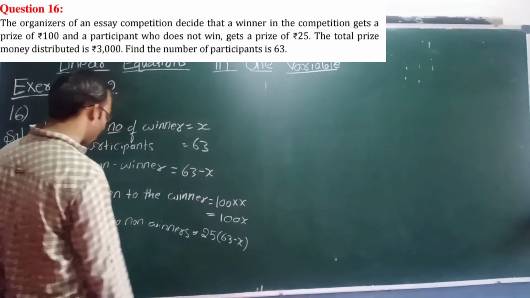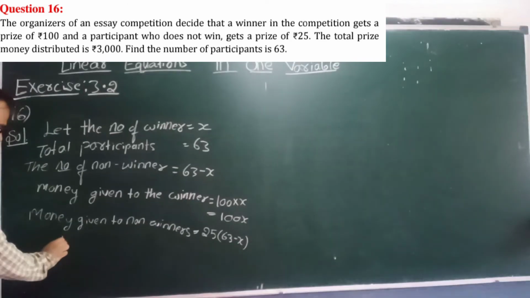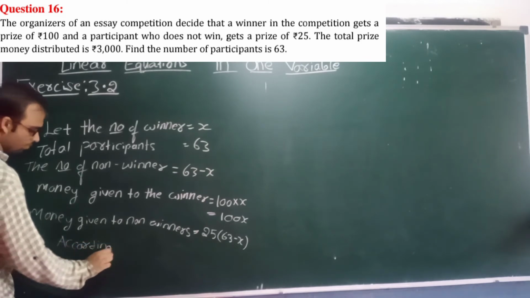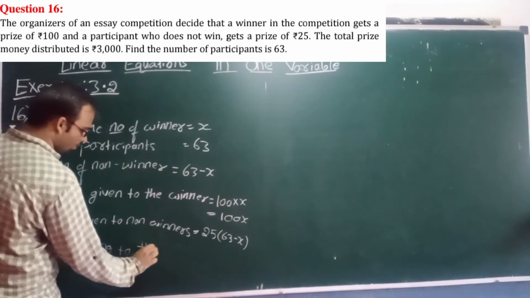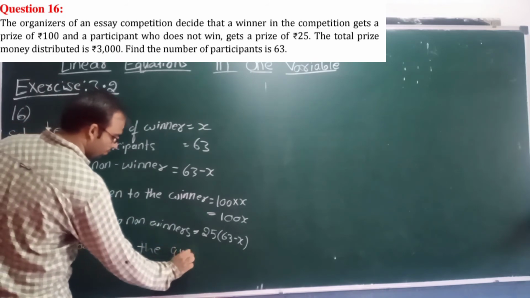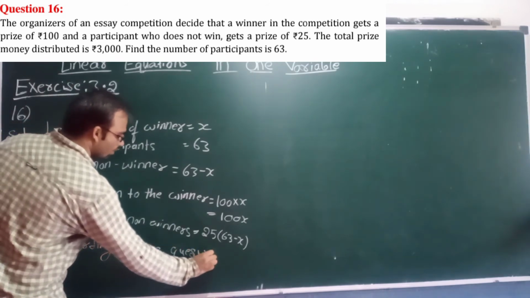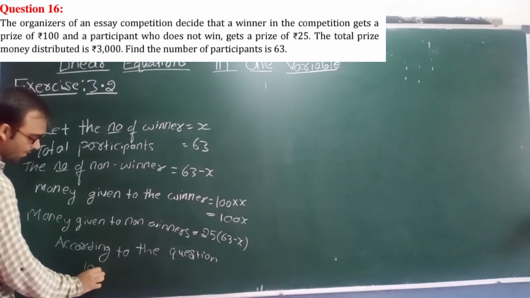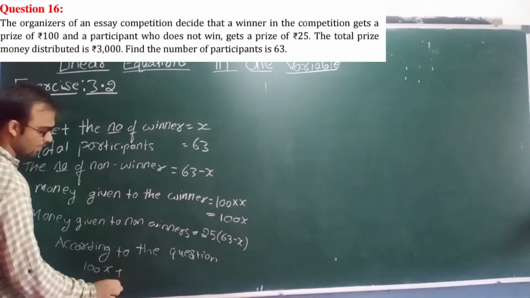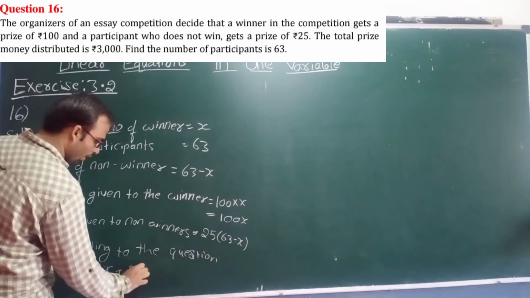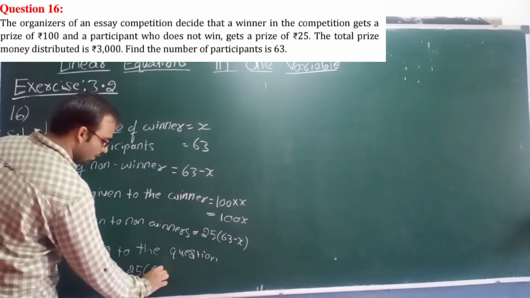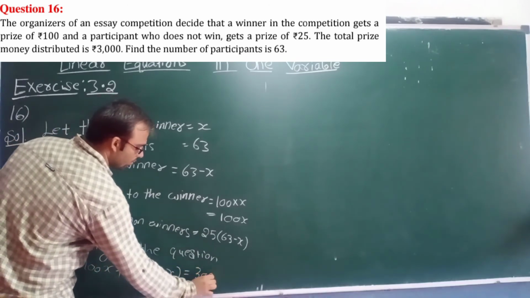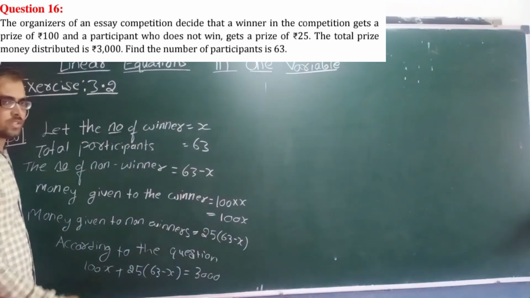Okay. So now according to the question, the money that the winners will get, that is 100x, plus the money that the non-winners will get, that is 25 into 63 minus x, equals 3000. Okay, so why 3000, students?